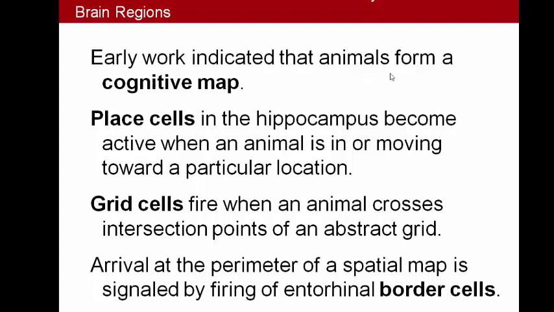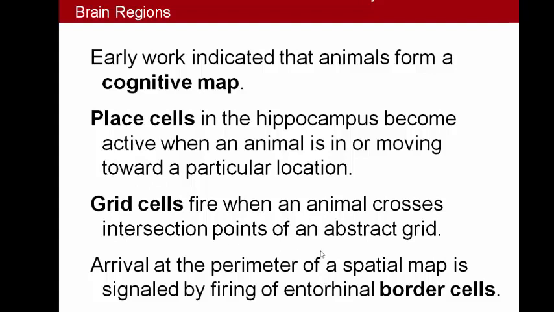Now, when you take an animal and you place them in a new location, there are certain neurons in the brain that fire, these place cells in the hippocampus. Once again, the hippocampus is important for a lot of things related to memory, that fire when an animal is in a particular location. You have different cells, grid cells, neurons that are firing when an animal crosses intersection points.